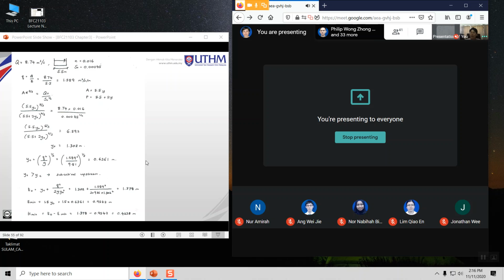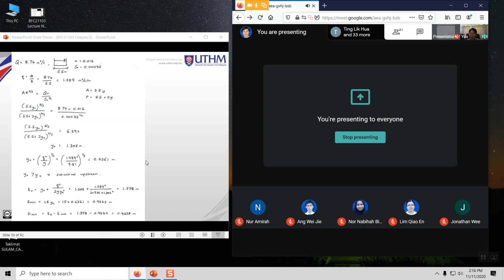Alright. Then the next step should be to find E naught and E min. E naught is Y naught plus Q squared over 2gY squared. Now I'm using this formula because this is a rectangular section, so I can use my discharge per unit width formula. So I kind of simplify it. So I have my specific energy equals 1.378.